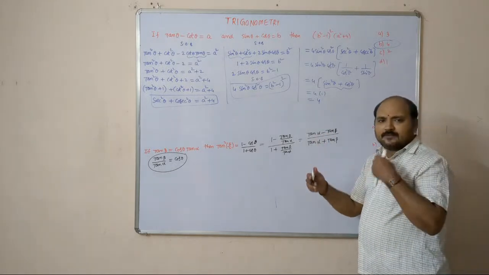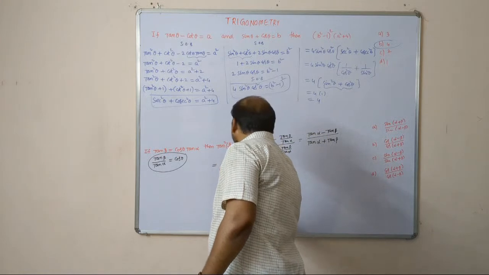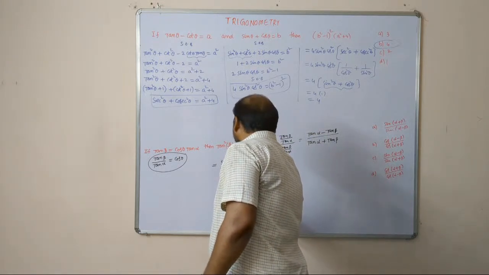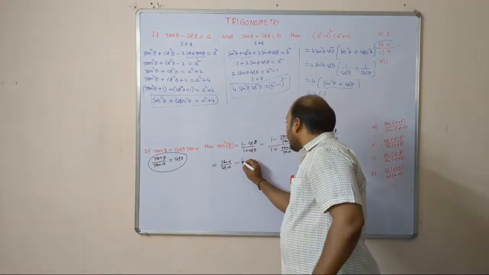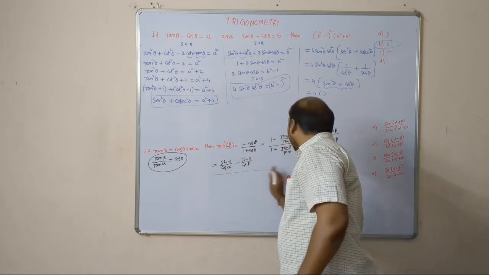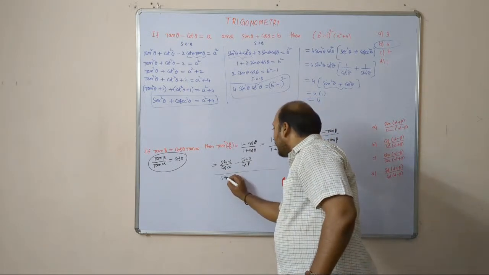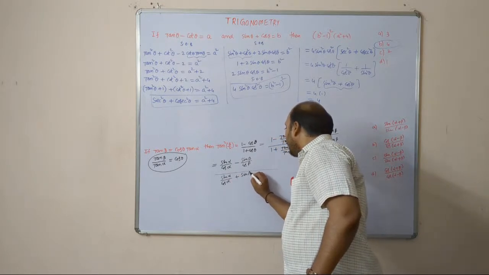Tan in terms of sin and cos, you can convert. So what comes? (Sin alpha by cos alpha minus sin beta by cos beta) whole divided by (sin alpha by cos alpha plus sin beta by cos beta).